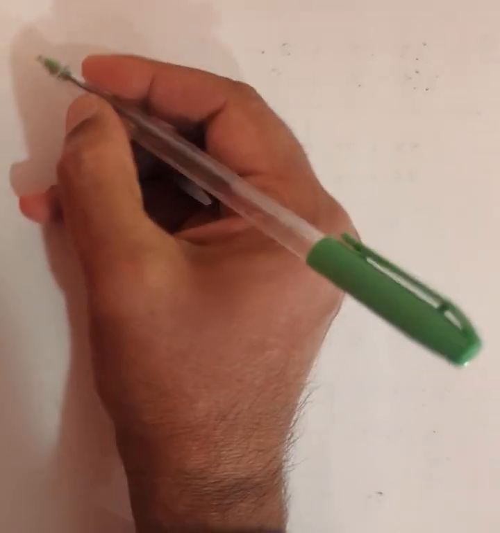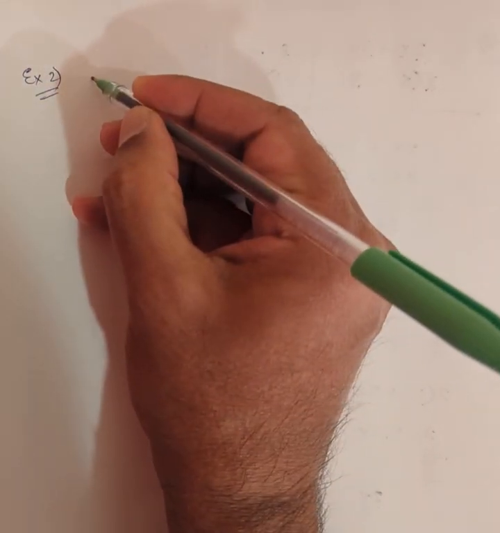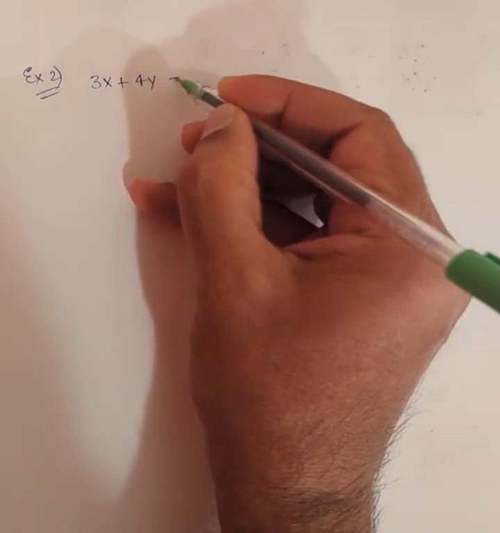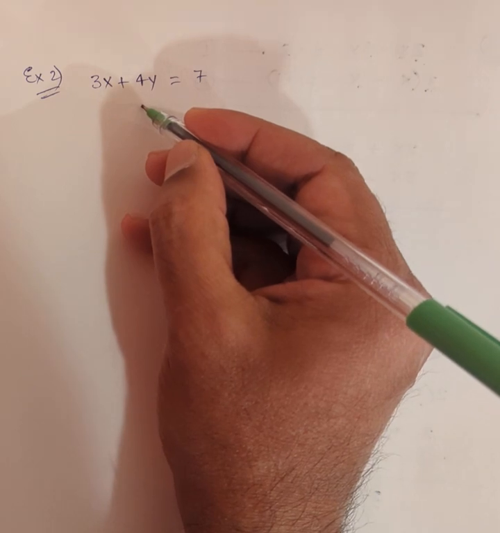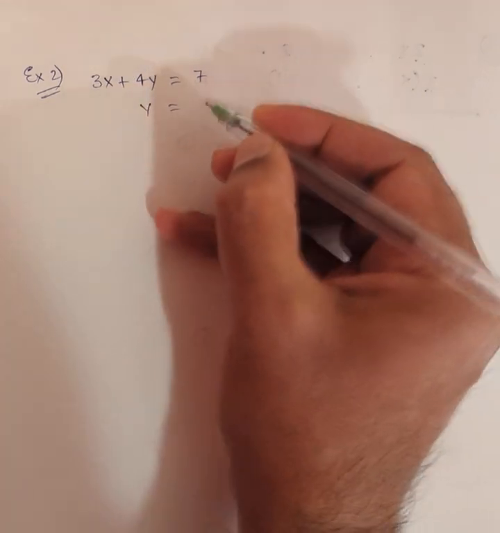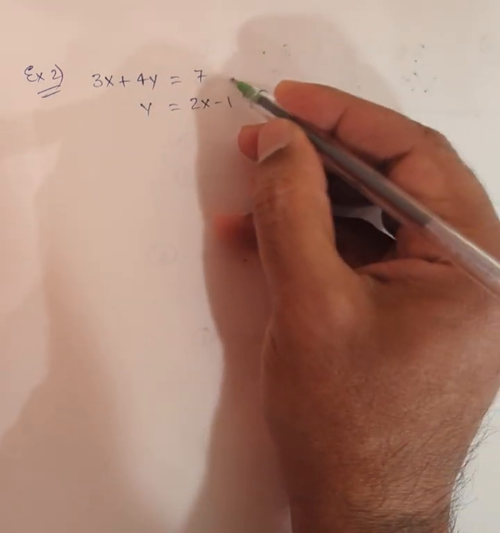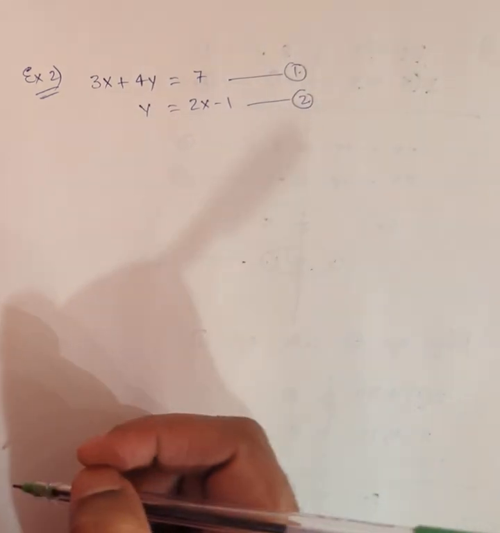Let's look at one other example. This time I have 3x plus 4y equals 7, and let's say y is equal to 2x minus 1. This is equation 1, equation 2.